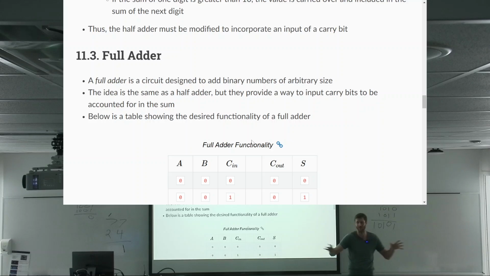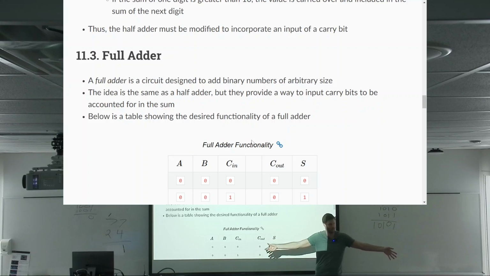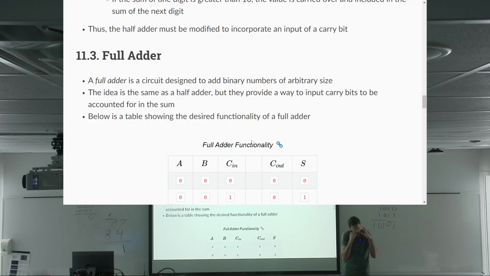That scales such that we can add arbitrary sized binary numbers together. The idea is the same as a half adder: they provide a way to input a carry bit to be accounted for in the next significant bit's sum.